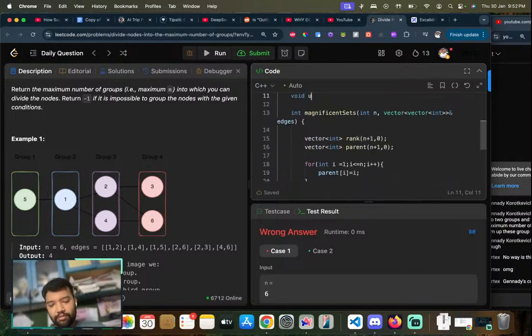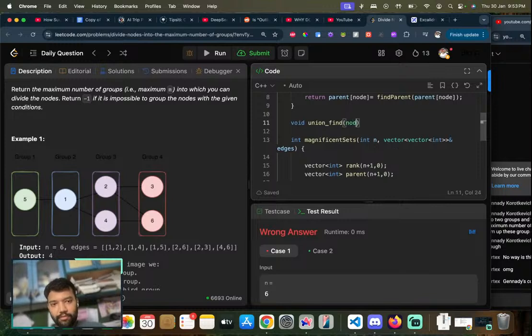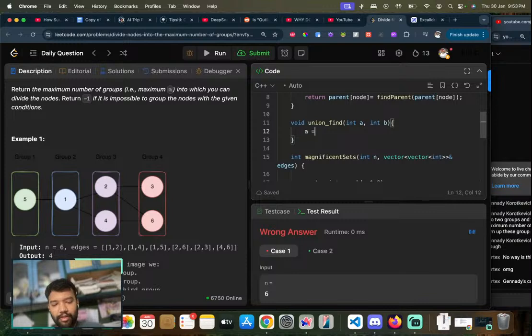So union find of A, comma, B. We have two nodes.